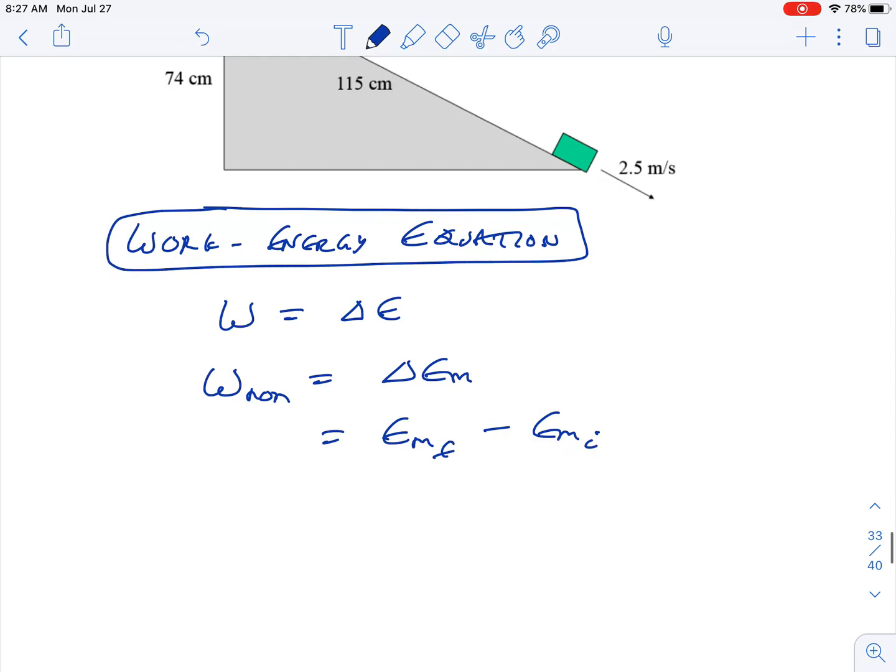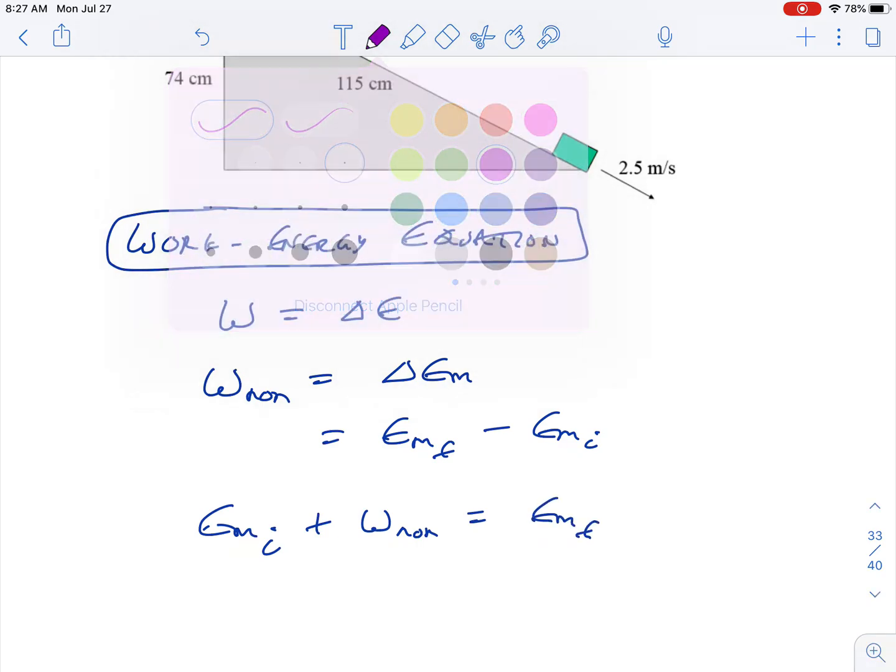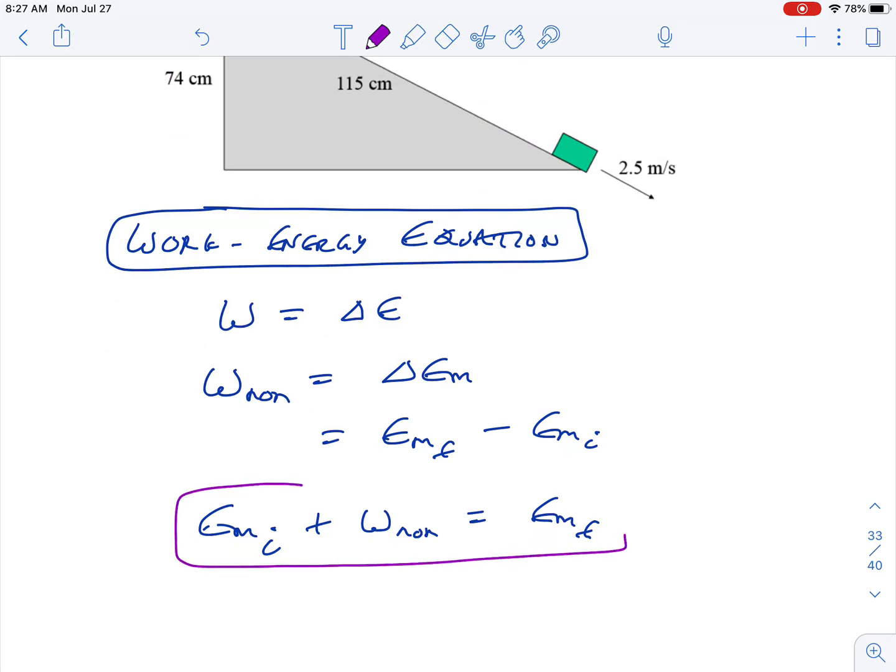And if you rearrange that, you end up getting EM initial plus work non is equal to EM final. So this is the equation that I illustrated earlier. And you can start right from here if you want to when you're solving, or you can derive it like you see here if it makes more sense for you.